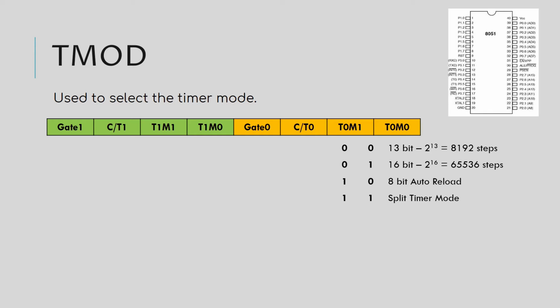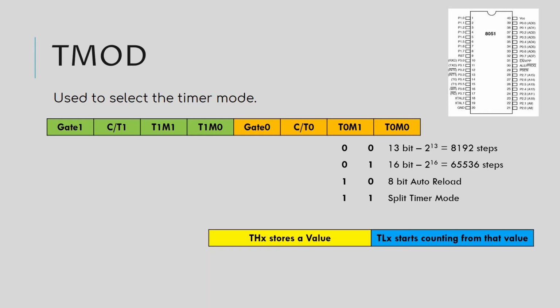Then when M1 is 1 and M0 is 0, that mode is known as 8-bit auto reload. This is something different. Look at this. In 8-bit auto reload, I have told you that each timer has two registers. One is THX and another is TLX. So in 8-bit auto reload, the TH portion, like the higher order byte portion, will hold a certain value, and the lower order portion will be initialized with that value, and it will count up to its maximum value.